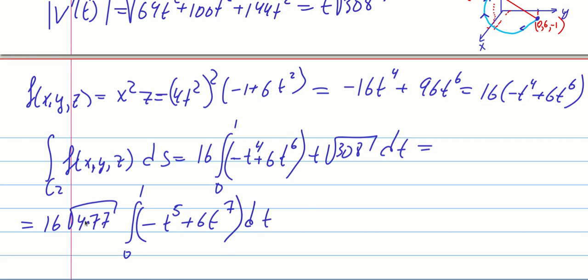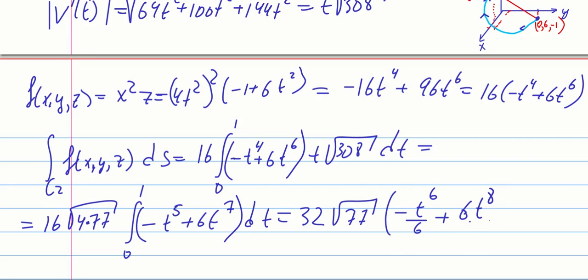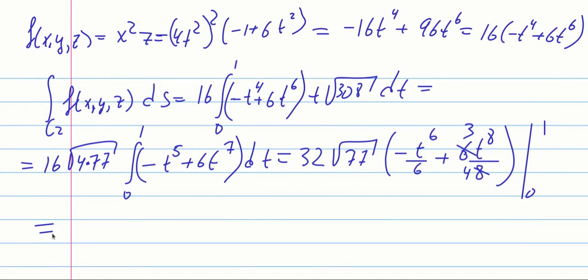So the square root of 4 is 2, so we have 32 square root of 77 times negative t to the 6 over 6 plus 6t to the 8 over 8 evaluated from 0 to 1. All right, so 6 we can divide by 2, 8 we can divide by 2.